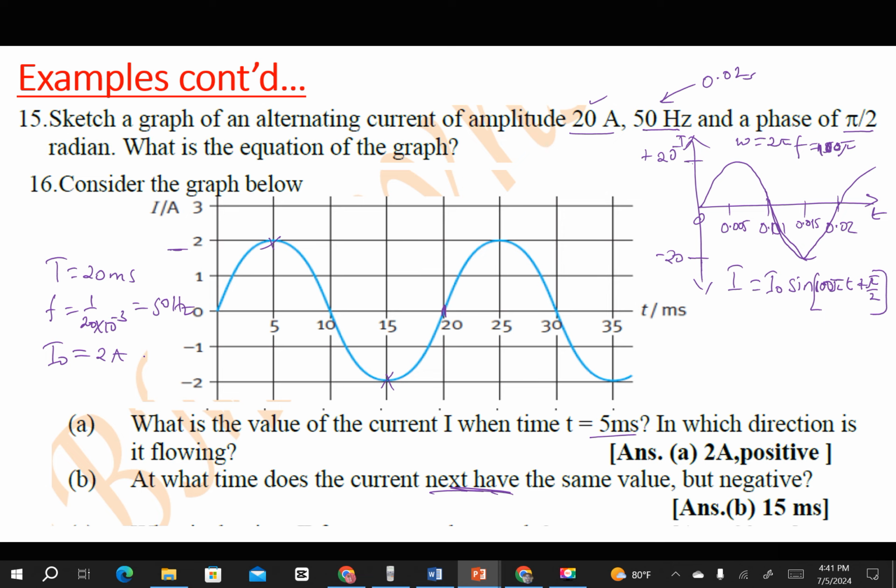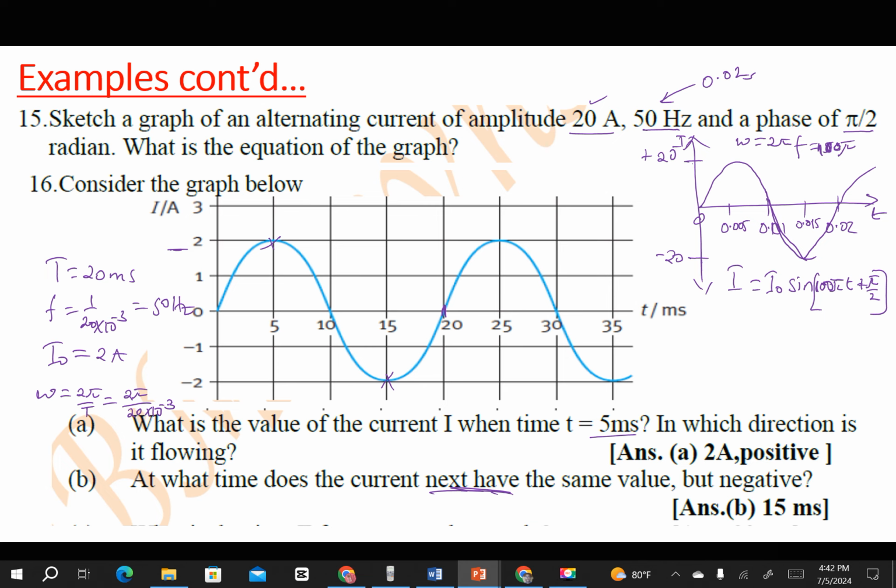In case they ask us for angular frequency, omega is 2 pi over T, which is 2 pi divided by T. T must be in seconds, so this is 20 times 10 to the power of minus 3.